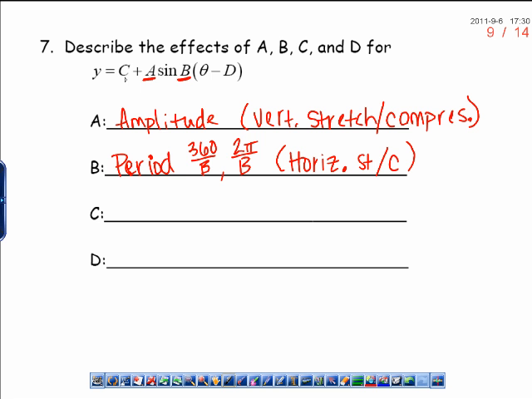C, we didn't call it C, but we saw that this was a vertical shift. Remember that it's going to go up if C is positive, and it's going to be down if C is negative. Okay, D is going to be a horizontal shift.